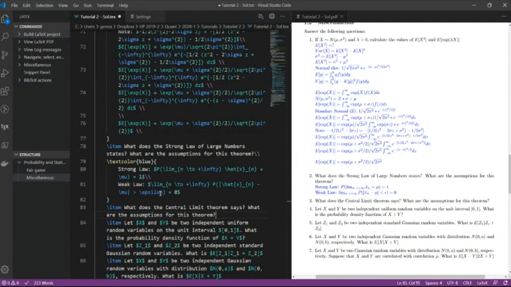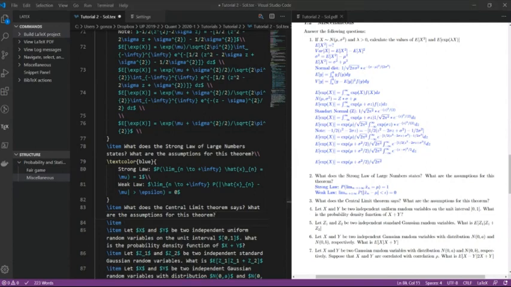Okay. Central limit theorem. I'm going to pick out one of you again. Estuardo, open up your mic and tell me about the central limit theorem.